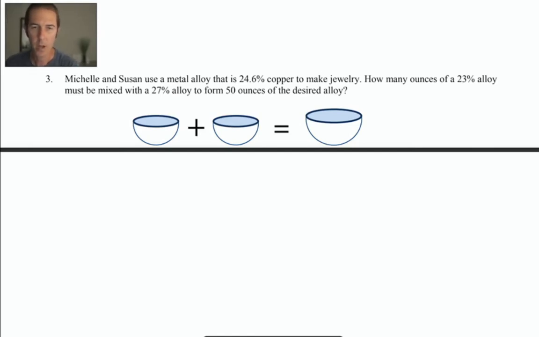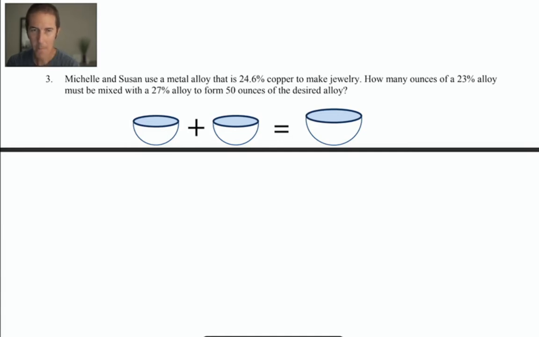Anyway, in this problem, this is kind of a mixture problem. So Michelle and Susan use a metal alloy that is 24.6% copper in order to make jewelry. And apparently they have access to some 23% alloy and some 27% alloy, so they need to mix these together in order to form a desired 50 ounces of alloy that's at the 24.6%.